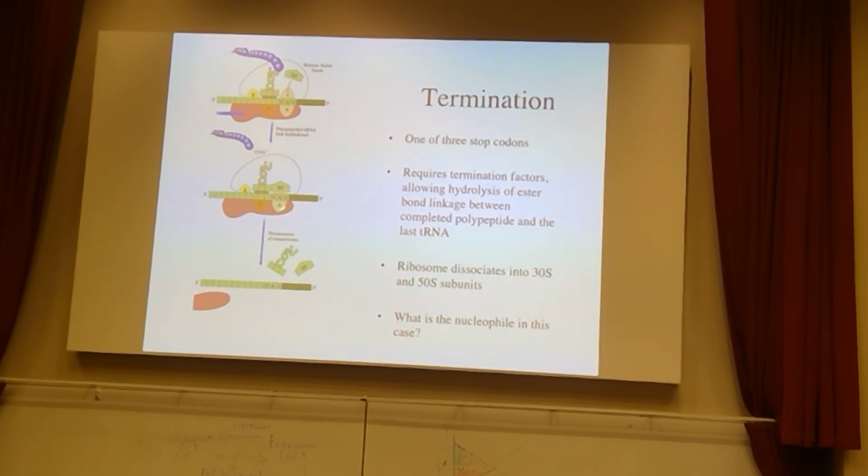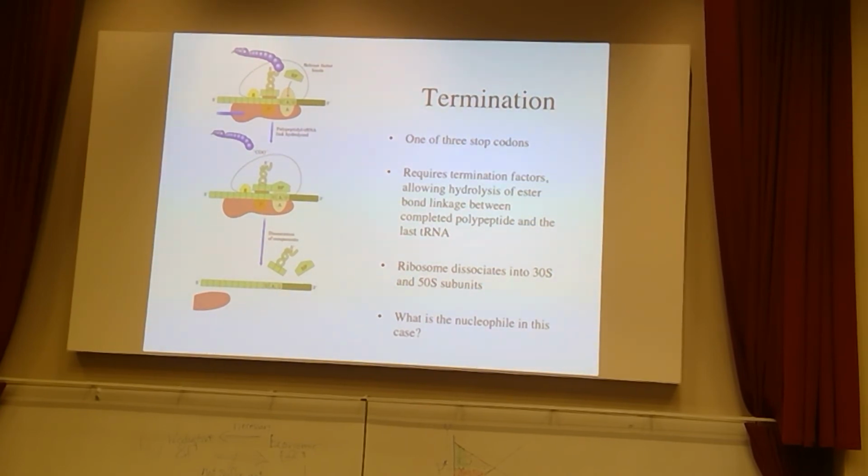And now the large subunit can disassociate from the small subunit. All the different components can come apart. The mRNA can be released to be reused. And the 2 subunits can also reform in response to a new mRNA with its start codon.